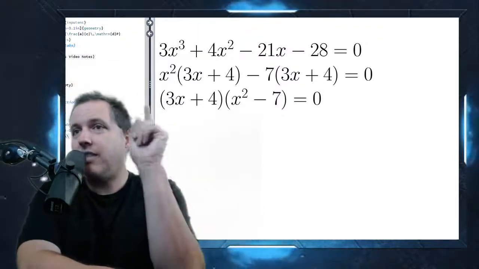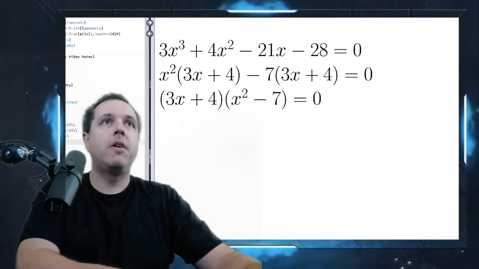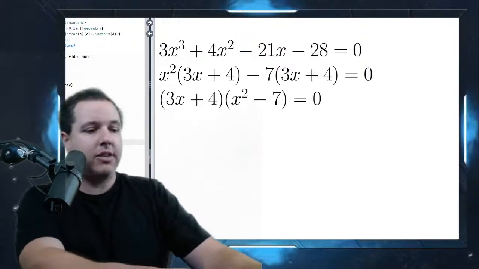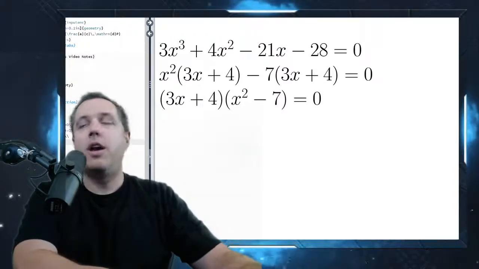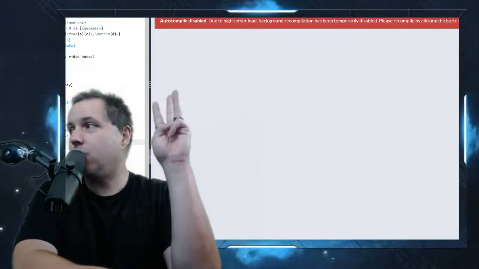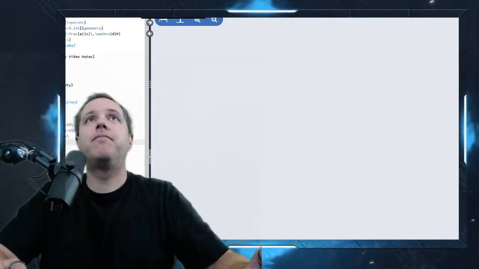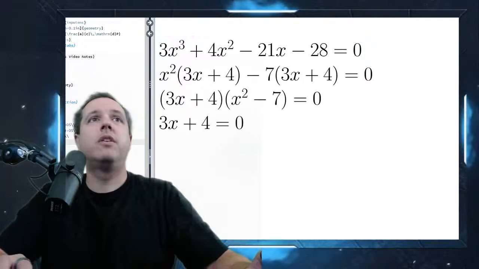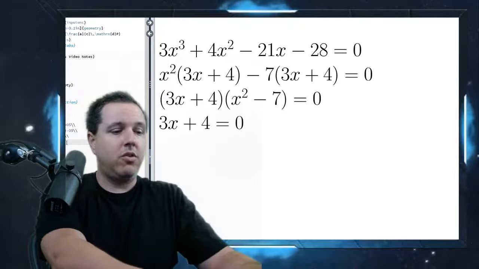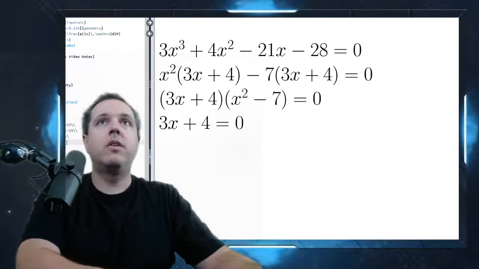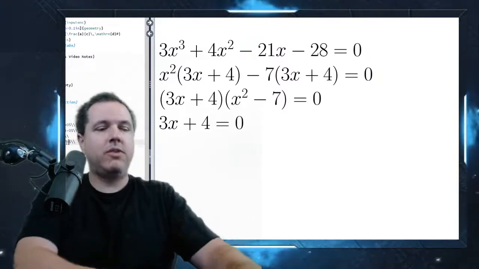Now that we've got it factored, we set the factors equal to 0. So either 3x plus 4 equals 0. And remember, we're expecting 3 answers because it's a cubic polynomial that we're factoring, right? So either 3x plus 4 equals 0, or x squared minus 7 equals 0, right?